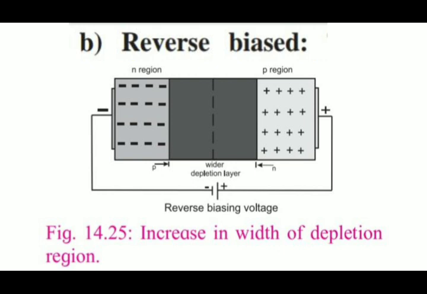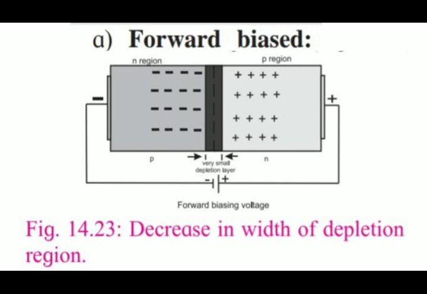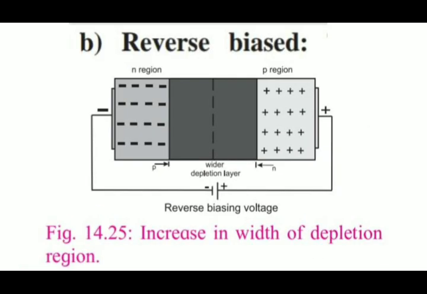So next to forward bias we are having reverse bias. Now the positive terminal of the external voltage will be connected to the negative terminal of the diode.